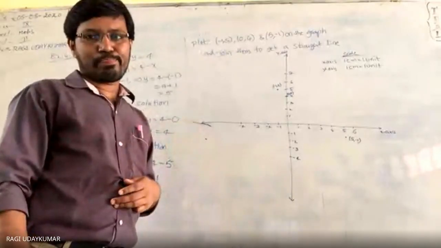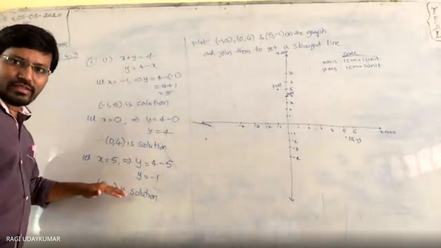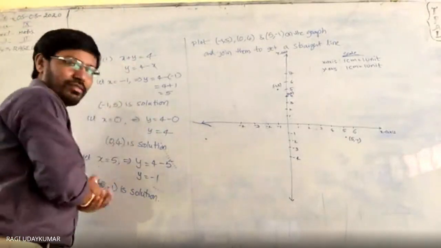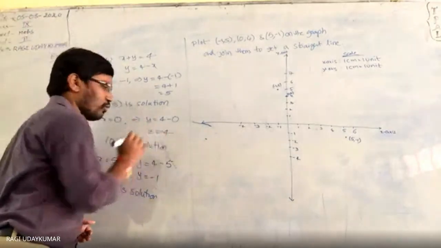अभी मैंने 3 पॉइंट्स क्यों बोला पता है? Suppose third point if you are not finding, you have taken in a confusion you wrote here minus 4.